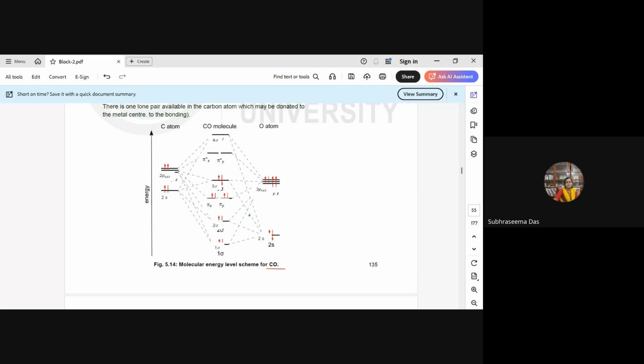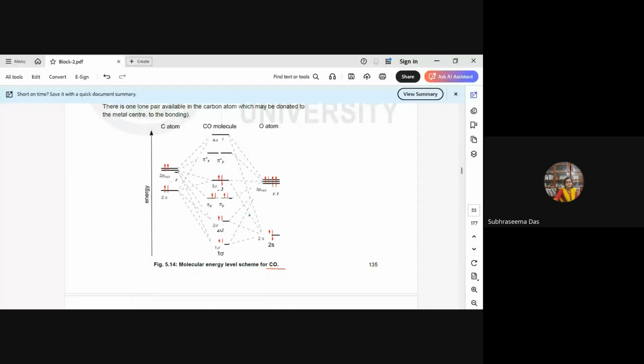So we will consider the valence electronic configuration for carbon, that is 2s2 2p2, and that of oxygen is 2s2 and 2p4. Now if you look carefully at this figure, you see that the atomic energy of carbon is placed higher, and that of oxygen is placed lower.